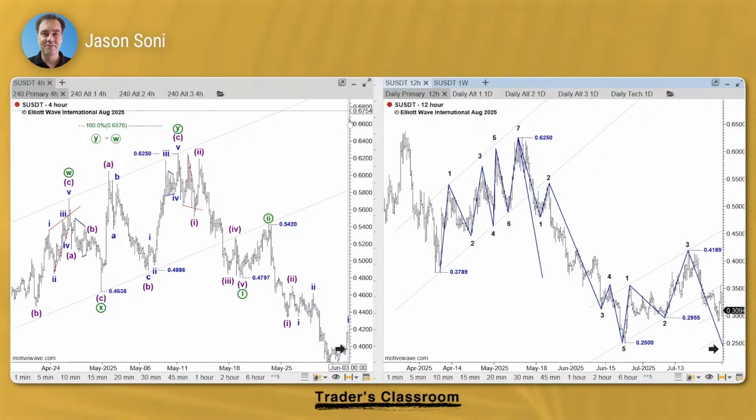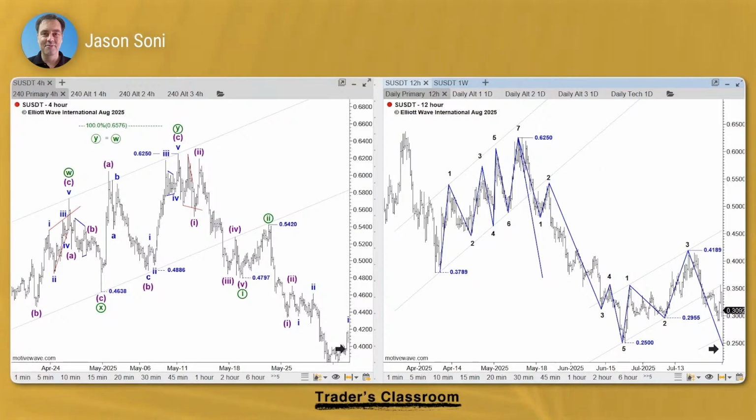So if you look at this price action from 37.89 into 62.50, you can clearly see that it's got overlapping price action. So initially, I'm looking at this section as a corrective structure based on the overlapping price action.